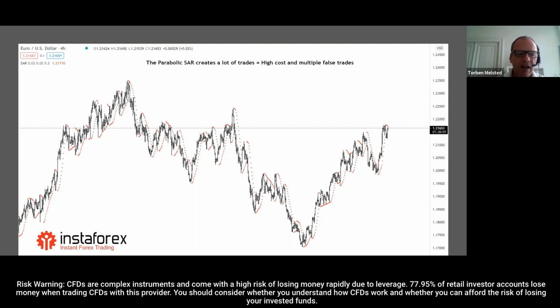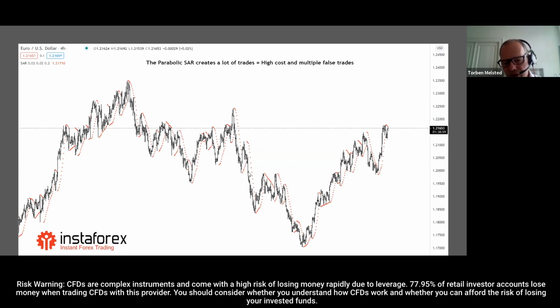Yes, you have short-term trades. It indicates the trend, and from time to time you catch the trades, and it actually gives you some profit. But there's too many false signals, and it will slowly just eat up any profit that you had made on the bigger swings, like you see here.